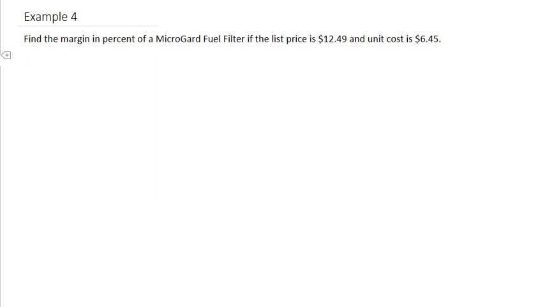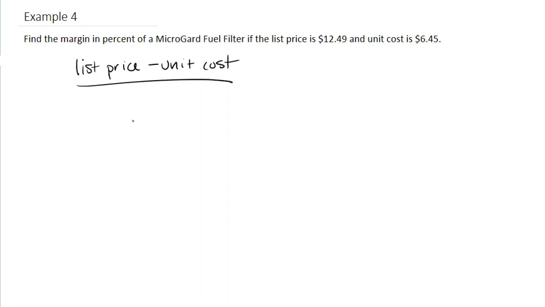Example 4. Find the margin in percent of a MicroGuard fill filter if the list price is $12.49 and the unit cost is $6.45. So we have the list price minus the unit cost.